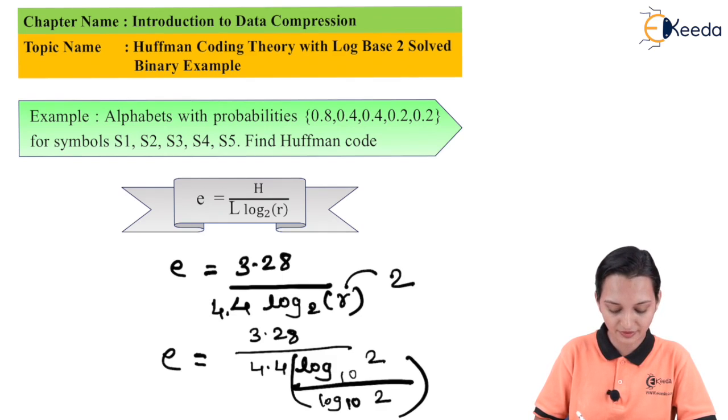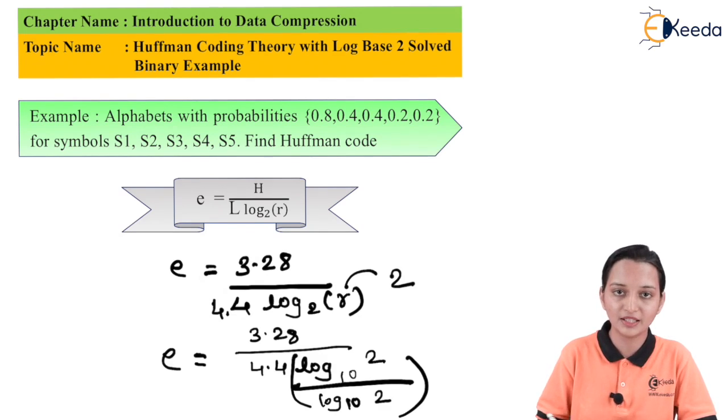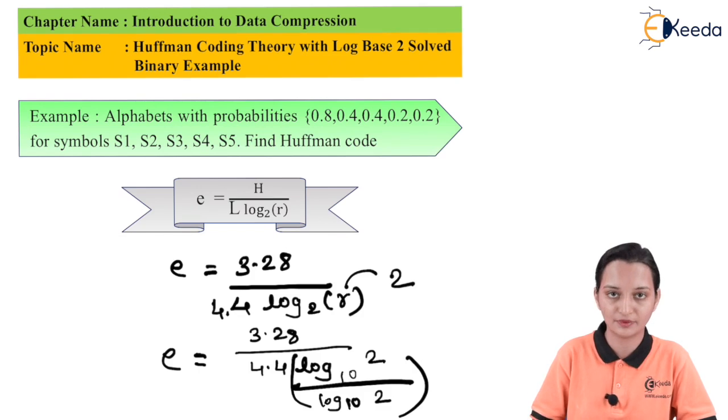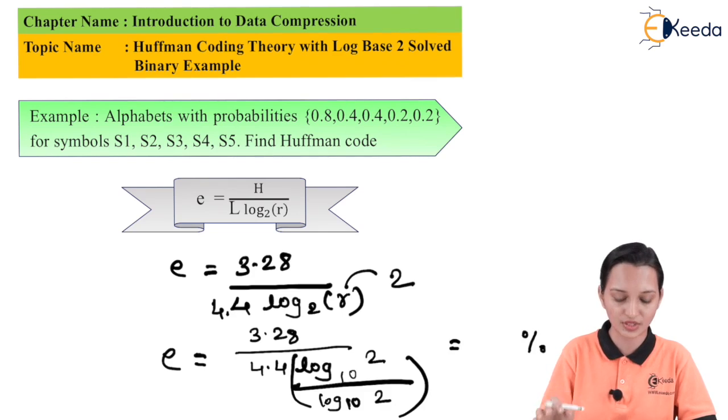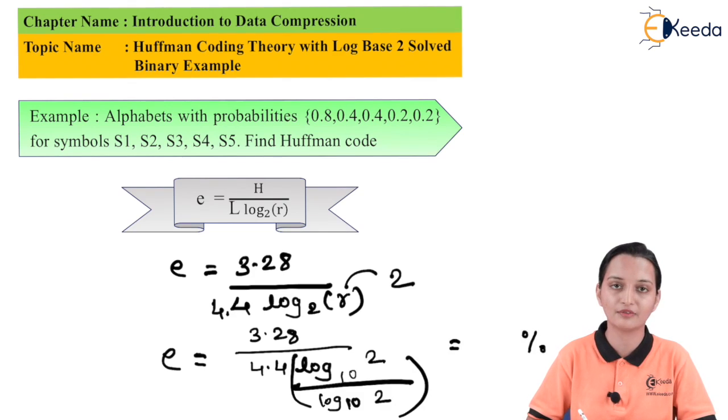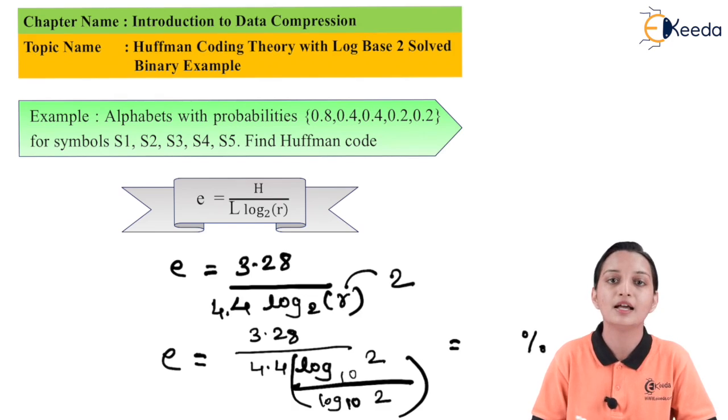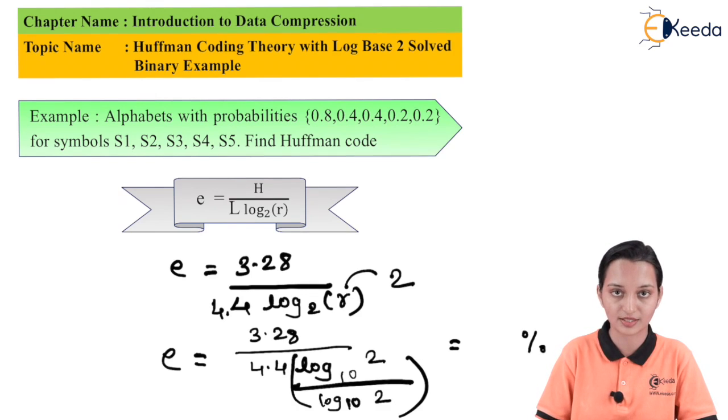So 3.28 divided by 4.4 will simply be the answer for the efficiency, and efficiency you require to write in the form of percent. So simply calculate 3.28 divided by 4.4 and convert it into percent. This is the unit of efficiency.